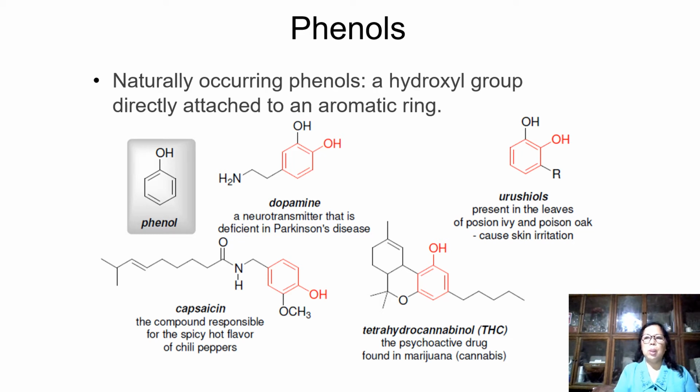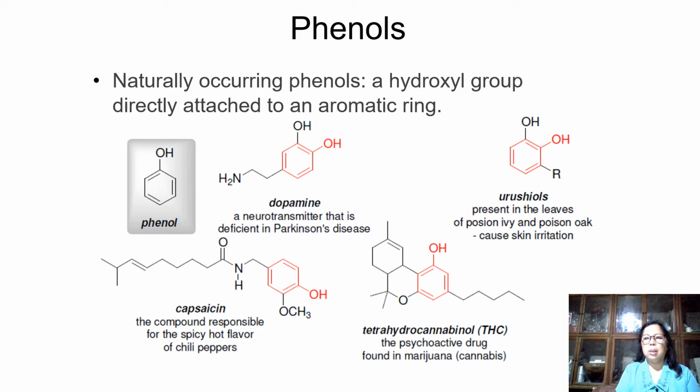And then you have also the urushiols. This is dangerous. The urushiols are present in leaves of poison ivy, and it could cause skin irritation. Of course, you may not be familiar with poison ivy or the ivy plant itself, but this is actually a vine, and the gatherers of poison ivy usually encounter skin irritation.